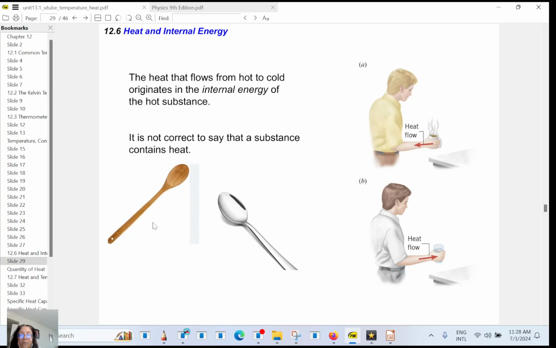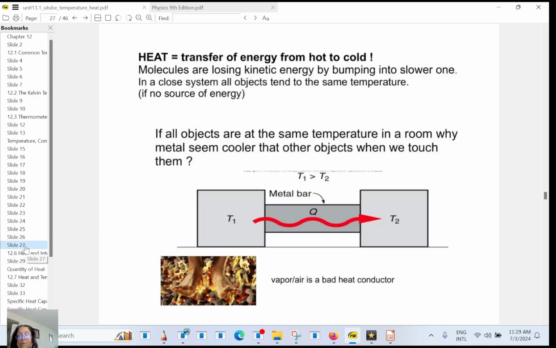So heat will flow from you to the spoon, or to that one. But this one, because it's made of metal, will feel cooler. It's not because it has a lower temperature than this one. It's just because metal is a better conductor, so heat will flow faster. We'll talk about that later.